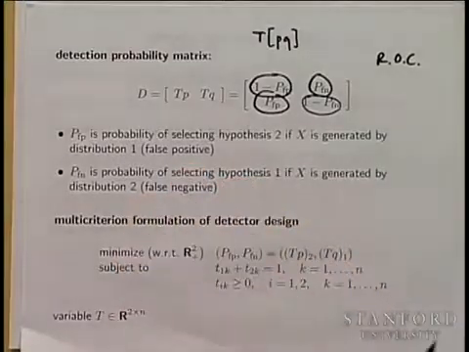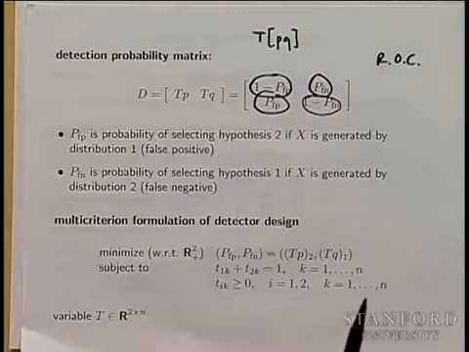Okay, so that's the problem, and we can actually talk about some of the extreme points. How small could I make the probability of false positive? How might I do that? 0. I can make it 0. How? You just guess 1 no matter what happens. Then you will never be accused of having guessed 2 when in fact 1 generated the sample.